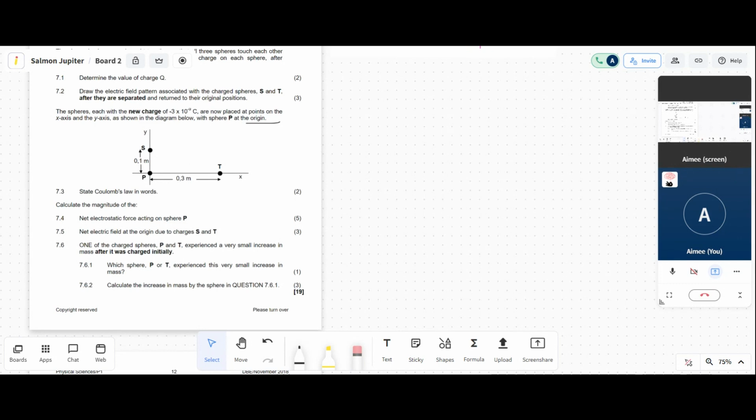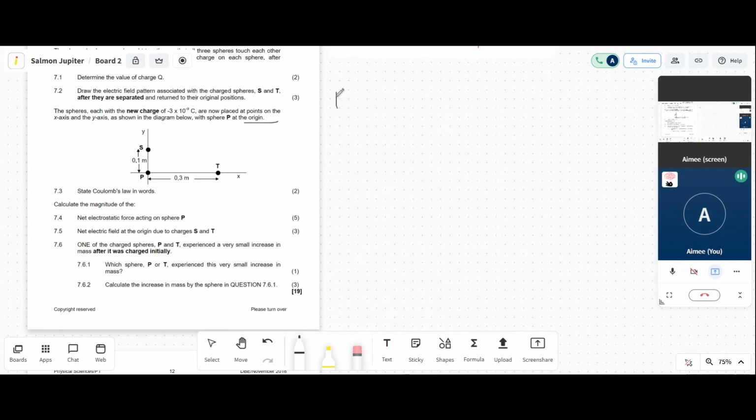So what we start with is we say, what formula do I need? I need my Coulomb's law formula, which goes as follows. Electrostatic force is equal to constant K multiplied by charge 1 times charge 2, over the square of the distance between the charges.